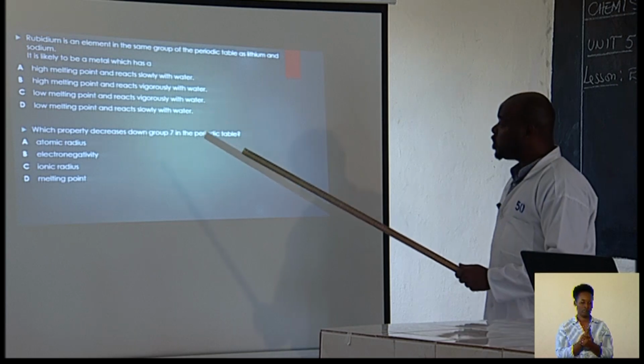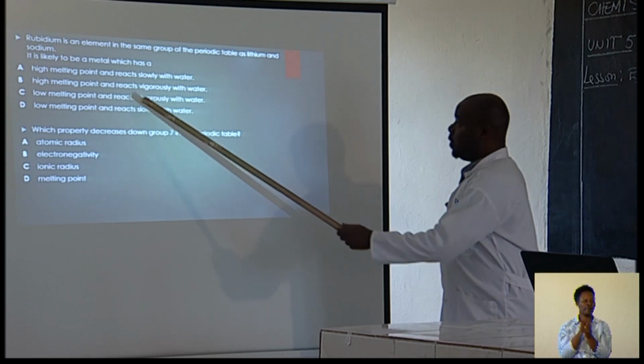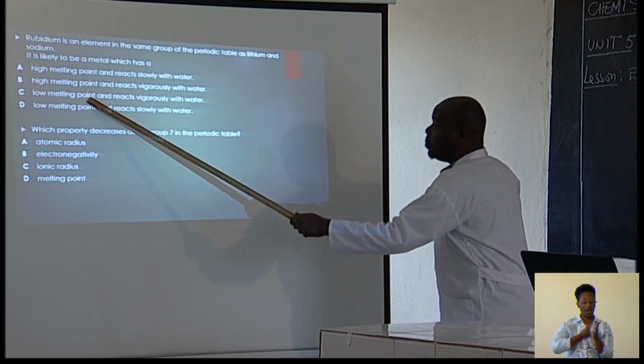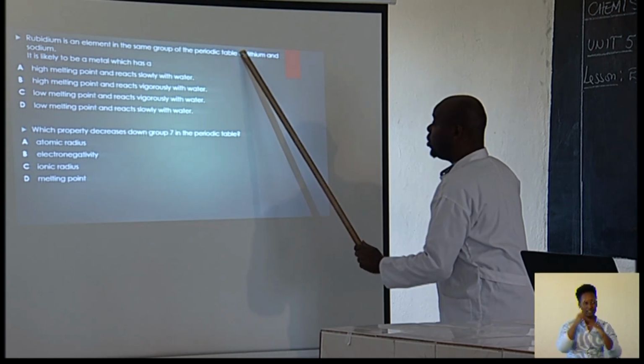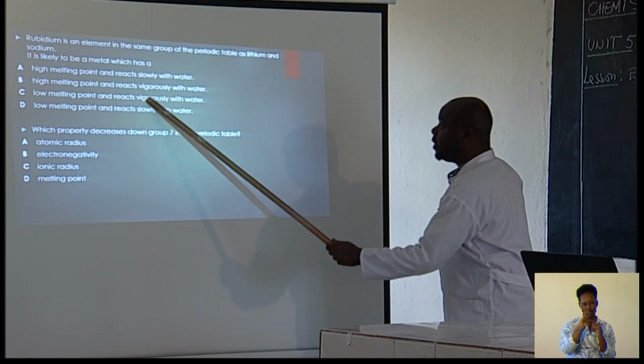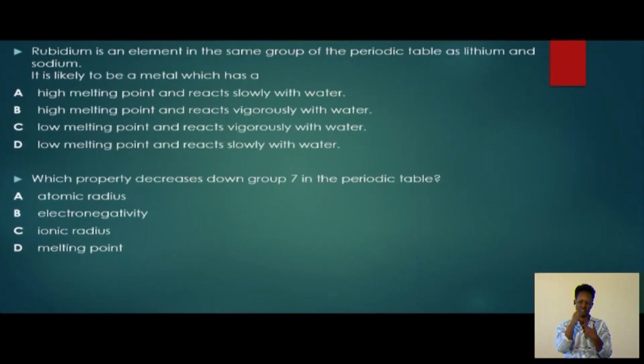So which combination is right then? It has a lower melting point than sodium or lithium, and it reacts vigorously with water. So the right answer is C. The right answer is C.